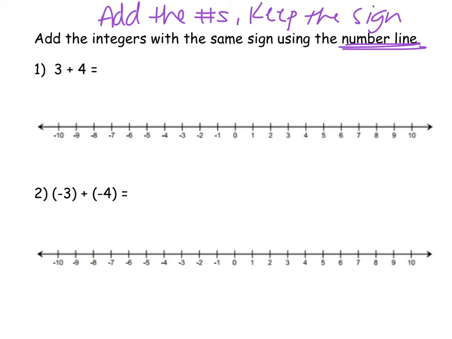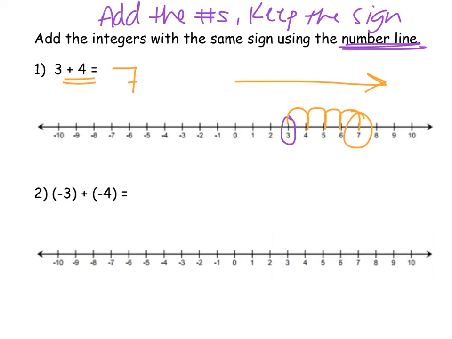I know you know what it is, but let's look at it. If we start at 3, we are going to add 4. It's positive, so we're going to go up our number line in the positive direction. 1, 2, 3, 4. And it brings us to our answer, which is 7. 3 plus 4 is 7.